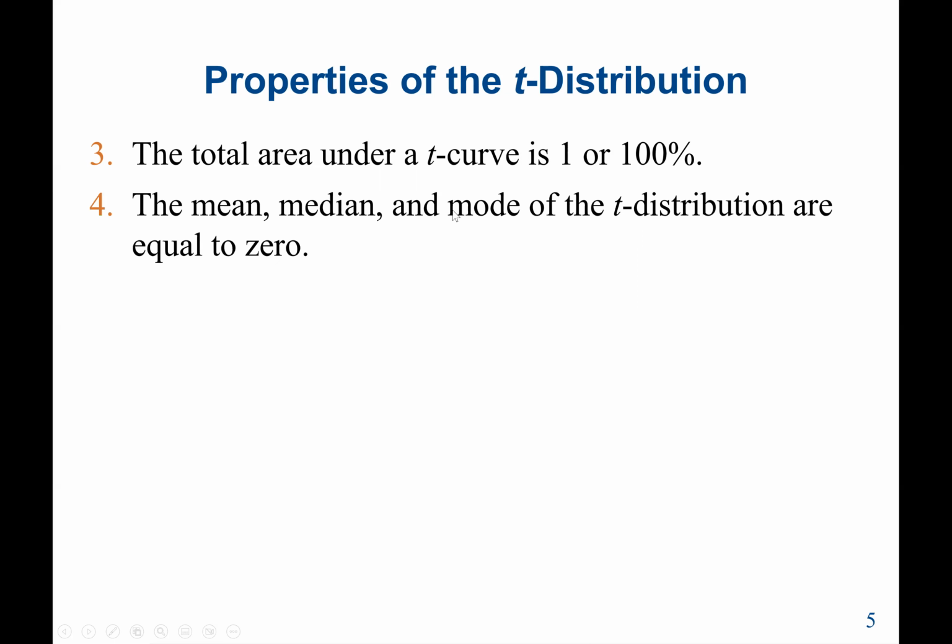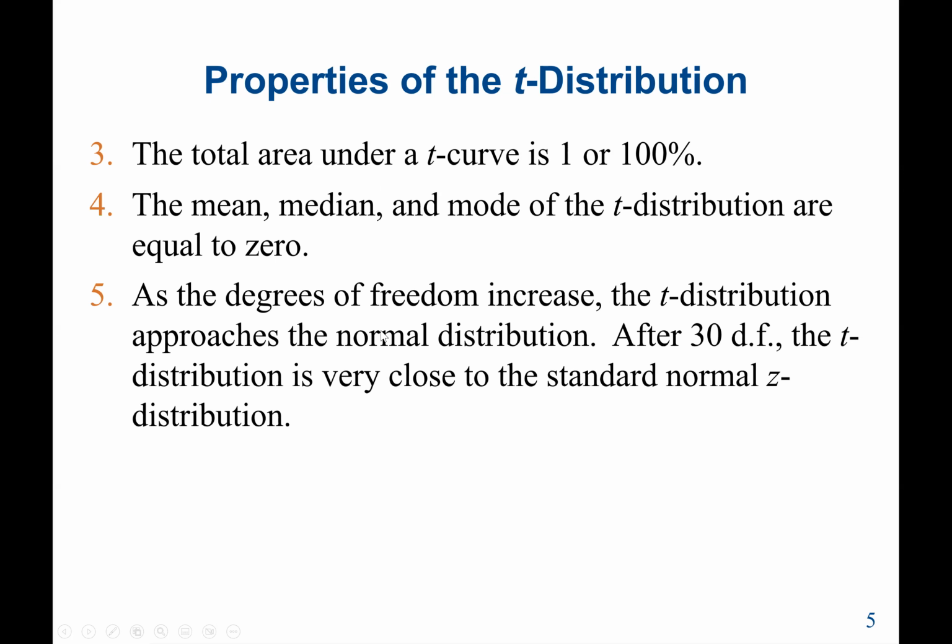And also the mean, median, and mode of the t-distribution are equal to 0. And as the degrees of freedom increase, the t-distribution approaches the normal distribution. After 30 degrees of freedom, the t-distribution is very close to the standard normal z distribution.